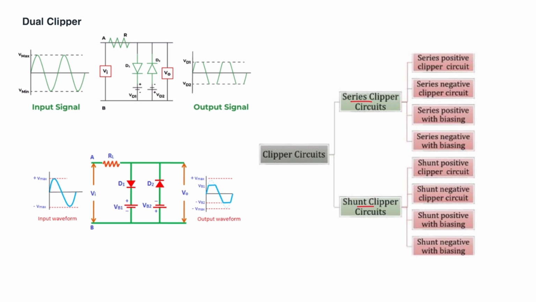The series clipper is again of different types: series positive clipper and series negative clipper, both with no bias, and similarly positive and negative clippers with biasing, that is positive bias and negative bias. Similarly there are shunt positive clipper, shunt negative clipper, shunt positive biasing, and shunt negative biasing. These are the different types of clippers.